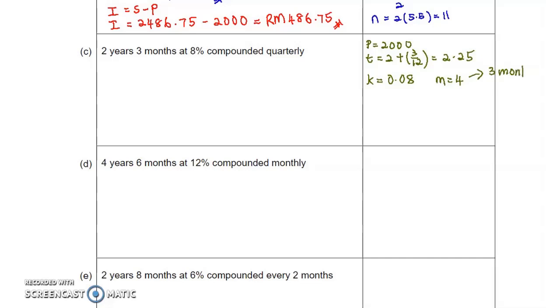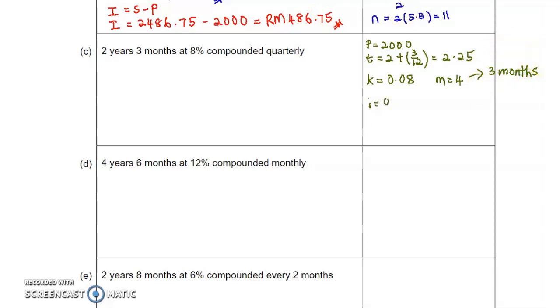So we wait 3 months, then we calculate interest. If 3 months within 1 year, how many times do we calculate the interest? 4 times. As usual, you calculate value i first, the interest rate per interest period, meaning for every 3 months, how many percent.